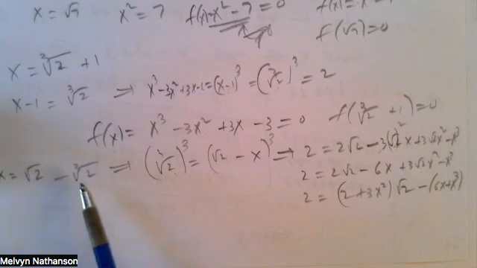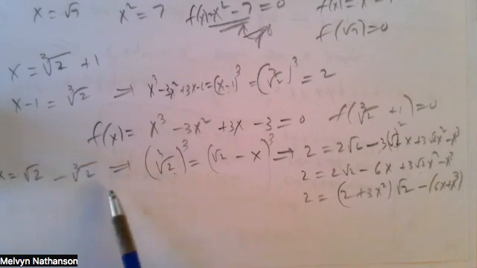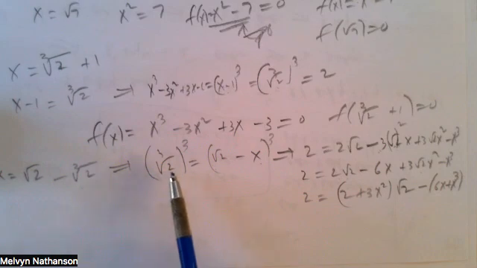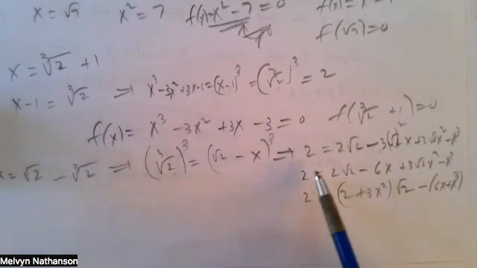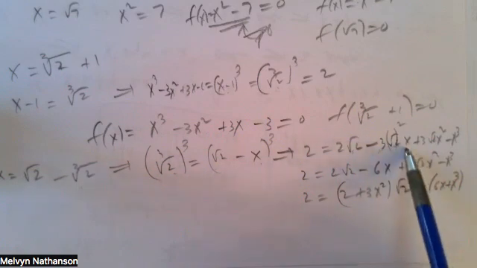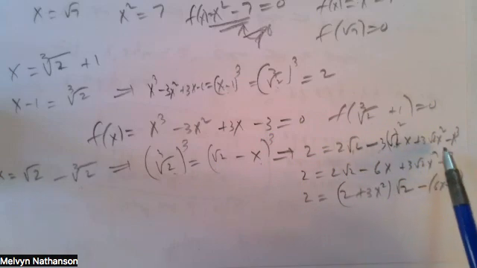X is root 2 minus cube root 2. So cube root of 2 is root 2 minus x. If I cube both sides, I get 2 equals root 2 cubed, which is 2 root 2, minus 3 times 2 times x, plus 3 root 2 x squared minus x cubed.